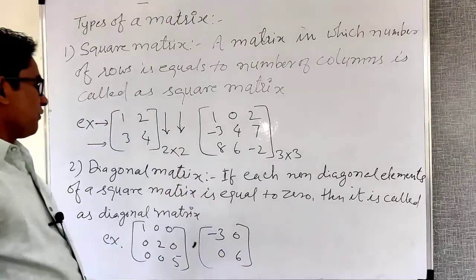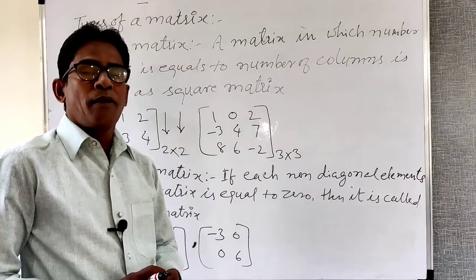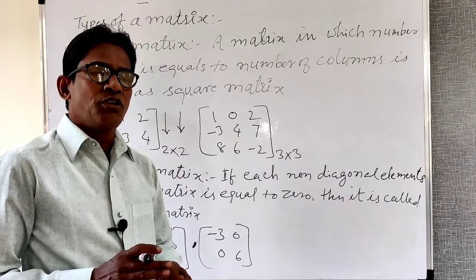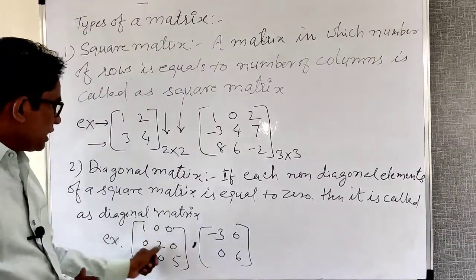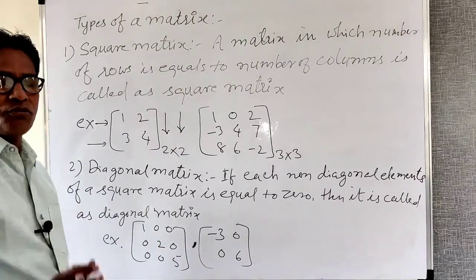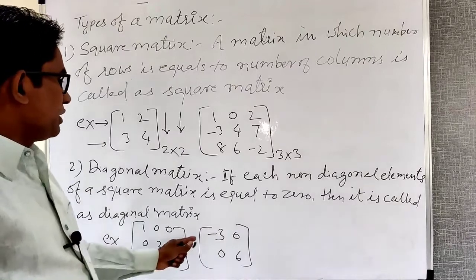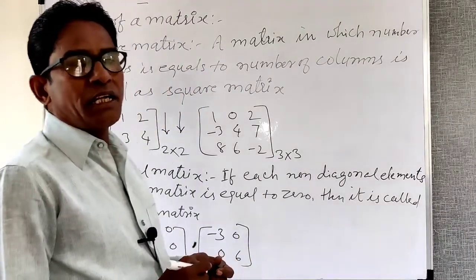Therefore, if in a square matrix all elements are equal to 0 except diagonal elements, and diagonal elements are not equal to 0, then we can say that the matrix is diagonal matrix.